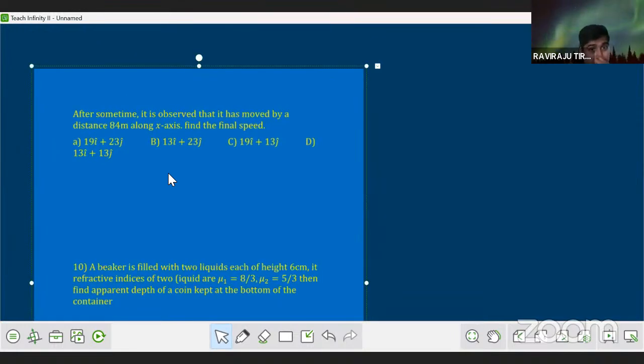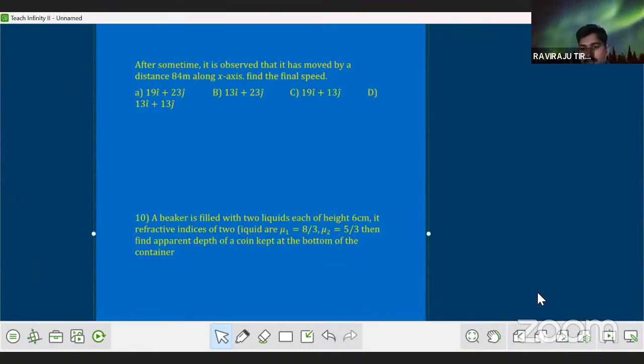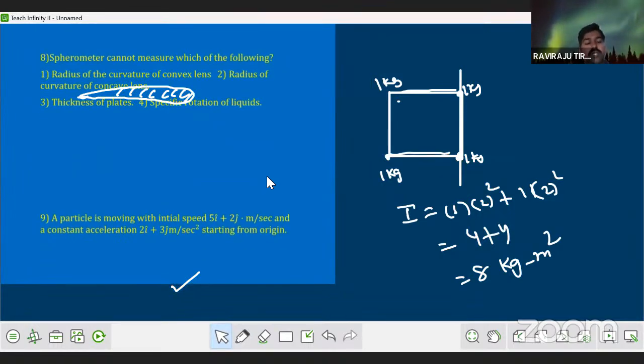I think some part of the question was there in the previous sheet only. It is given that a particle is moving with initial speed 5 i cap plus 2 j cap meter per second. So initial velocity of the body is given.